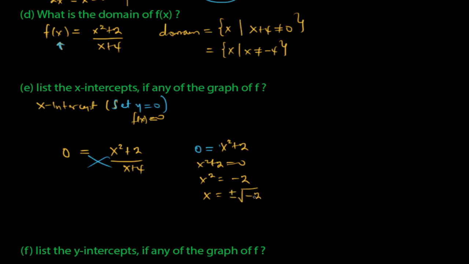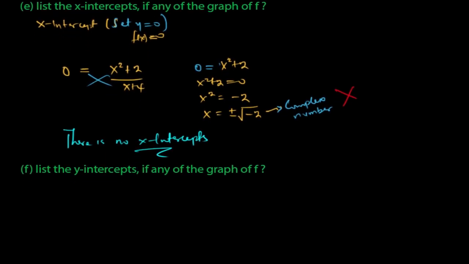You know that the square root of a negative number gives you a complex number, which is exactly not what we want. Since we have a complex number as the corresponding x value when we set y equals 0, what we would say is there is no x-intercept.